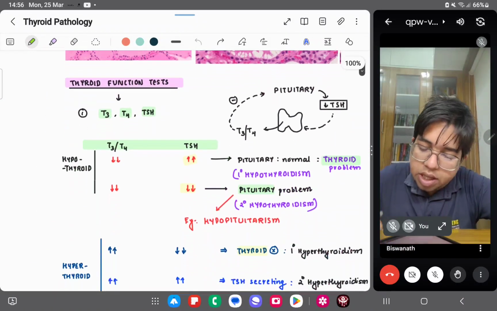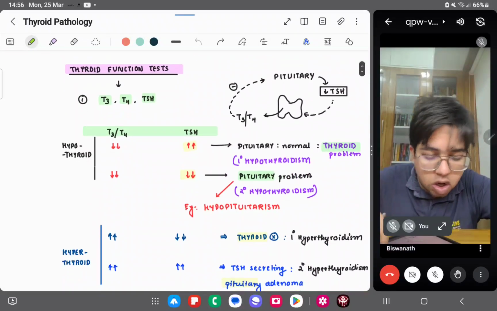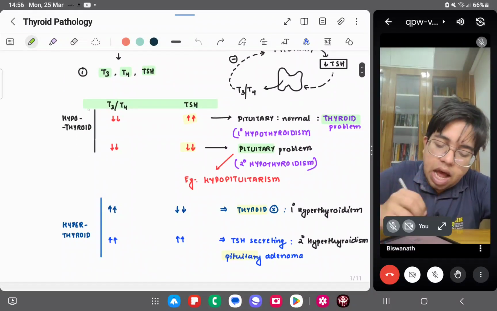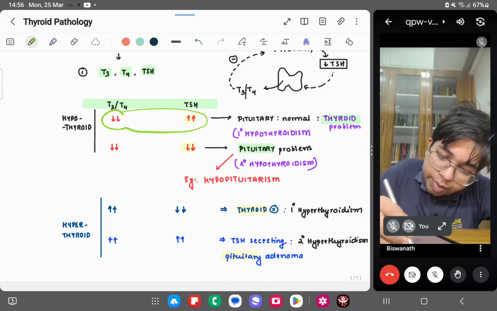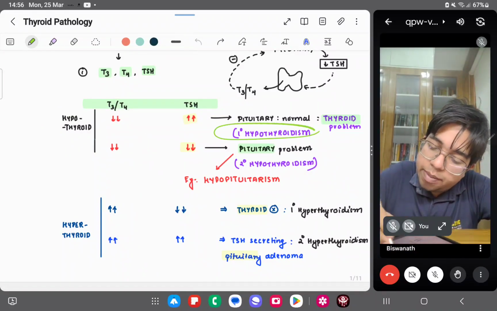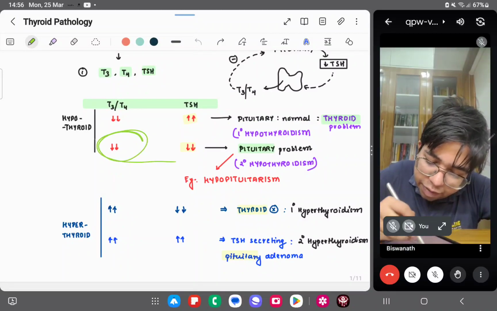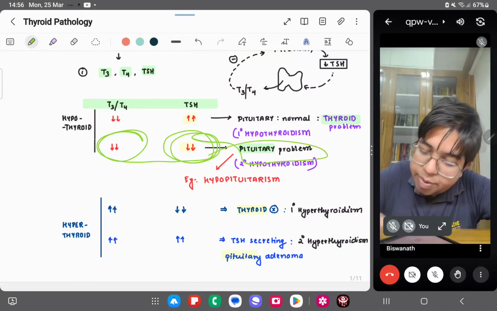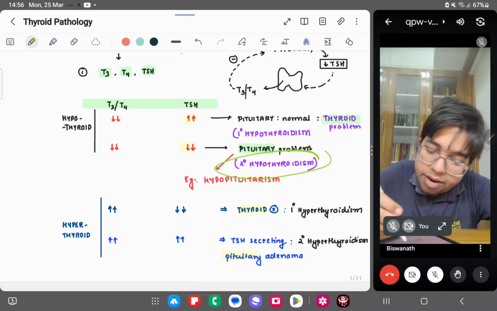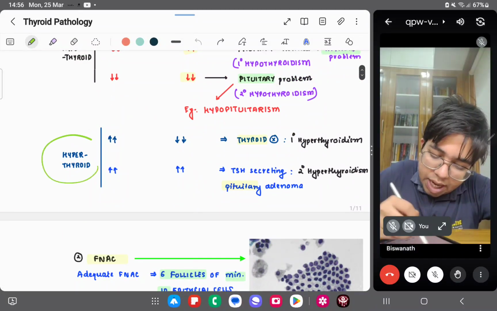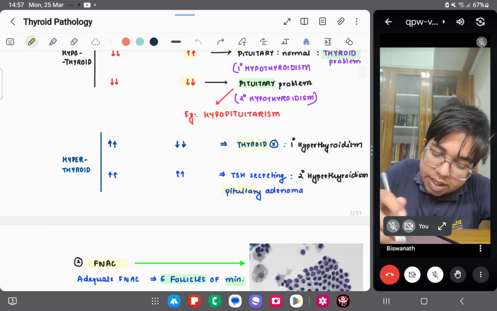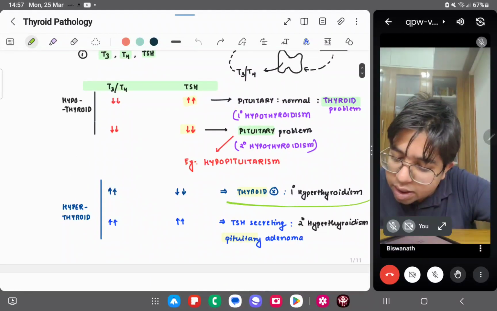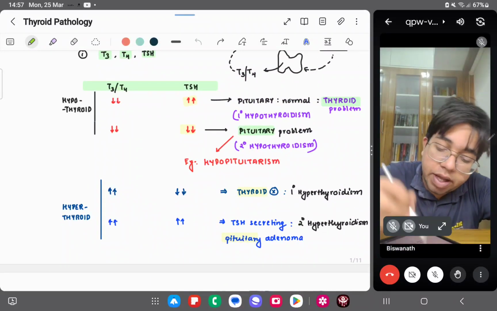Understood? Thyroid function tests we saw: T3, T4, TSH. In hypothyroidism, T3, T4 decrease and TSH increases, meaning the pituitary is normal. It is primary. If T3, T4 decrease and TSH decreases, it means there is a pituitary problem. It is secondary. If there is hyperthyroidism, T3, T4 are increased and TSH is decreased, meaning it is primary hyperthyroidism.